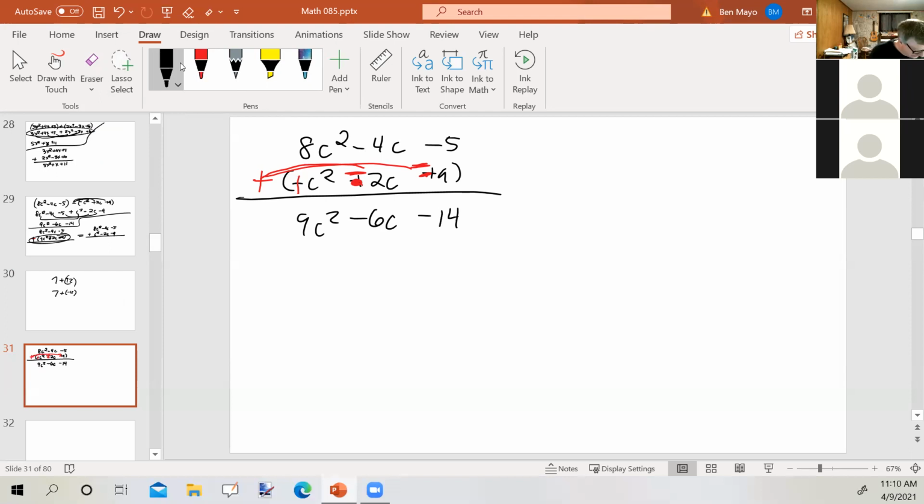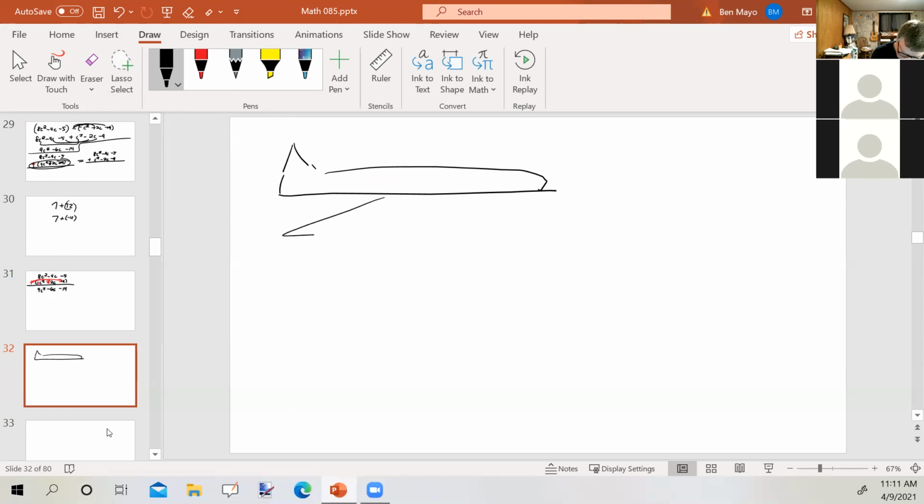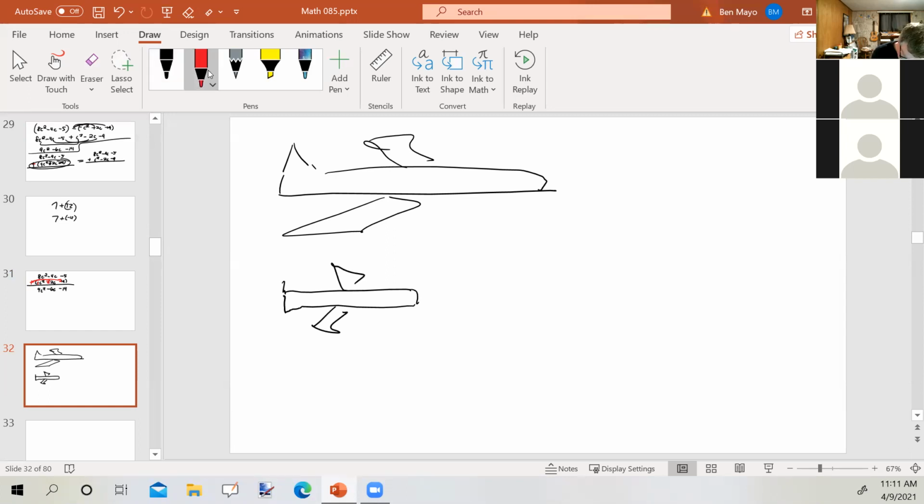Okay. Now, let's say we've got this situation. We've got two airplanes. Once again, I'm not an artist, maybe a con artist, but that's about it. And here's the wing. And then we've got this smaller airplane down here. I'm hoping that I don't have to fly in either one of these.